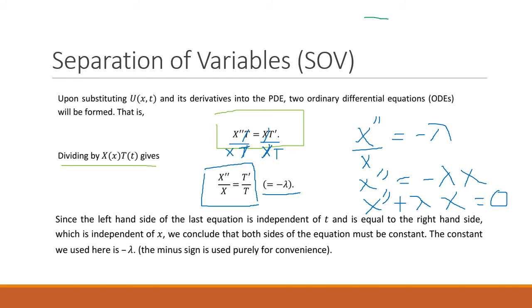Sebab itulah kita letak dia sebagai minus lambda. Dan untuk T pun kita buat cara yang sama juga. Okey, jadi untuk T, awak akan dapat T prime over T equal to minus lambda. So, kita buat cara yang sama lah. Jadi, awak akan dapat T prime.